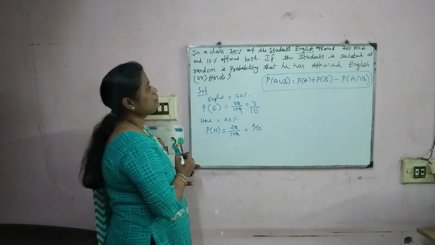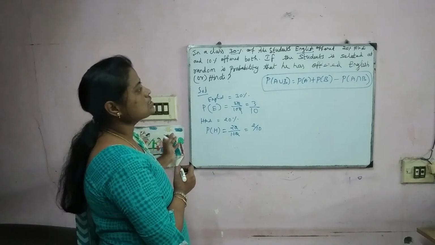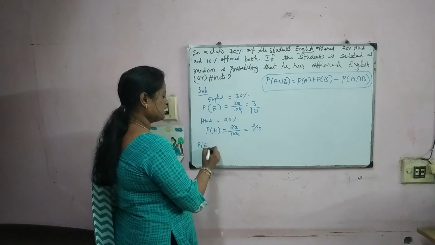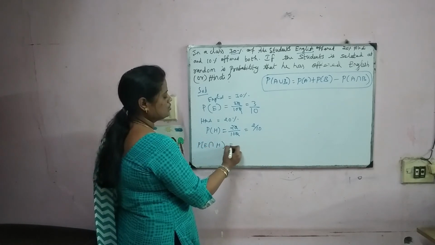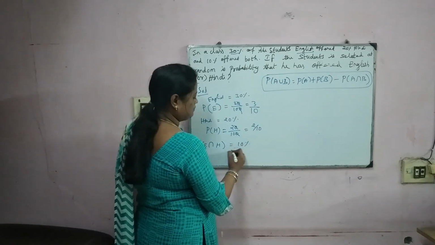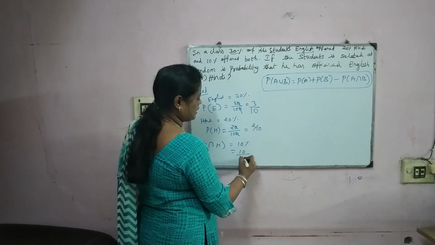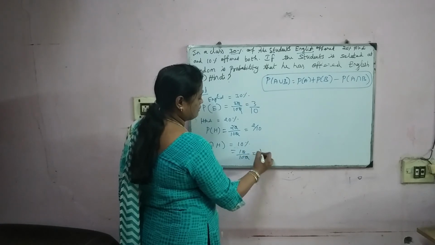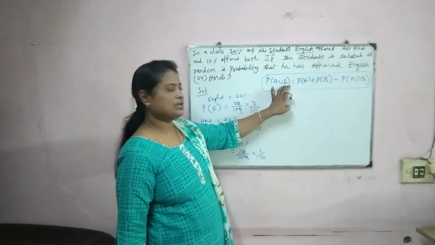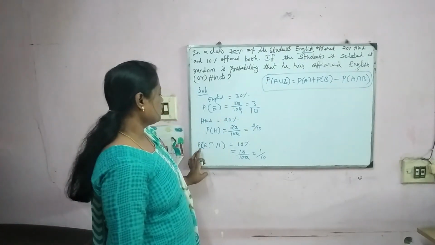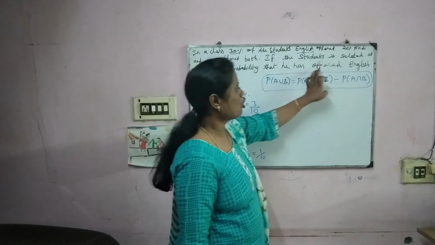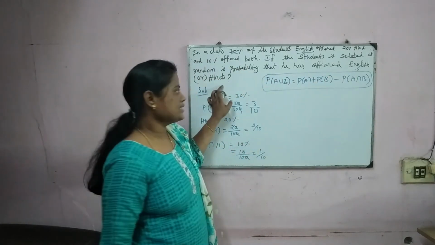So the next would be both, that means English as well as Hindi. Both means you have to apply English intersection Hindi. So this will be 10 percent. So 10 percent means we can write 10 by 100, which is equal to 1 by 10. Okay. Next, instead of P of A union B, I am going to apply P of E union H, because they are asking the probability that he has offered English or Hindi.